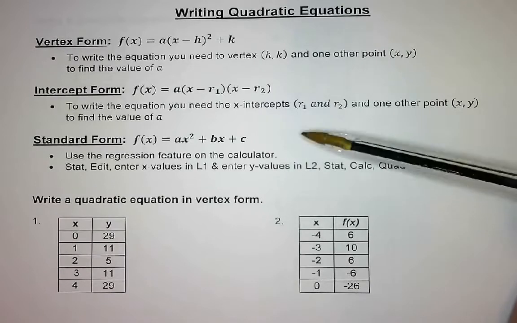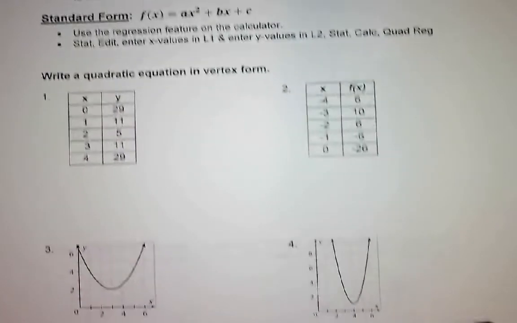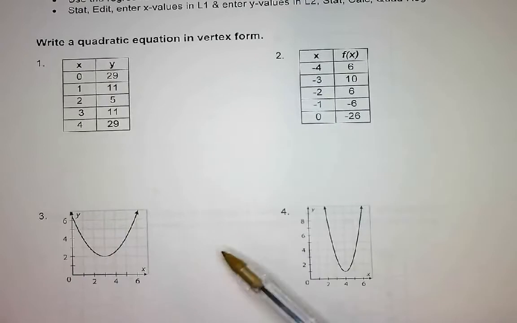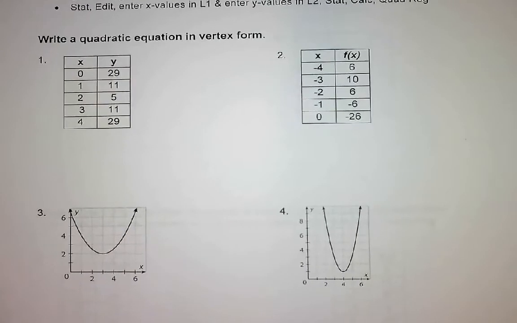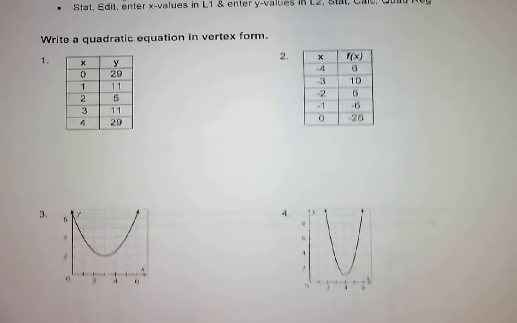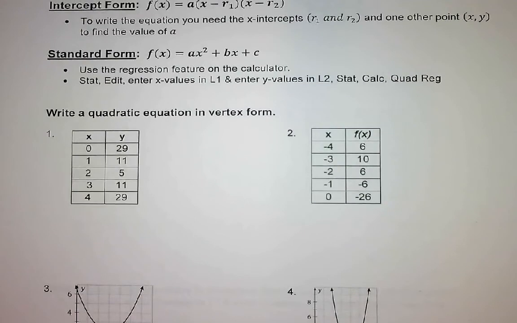So what we are going to do now is start with a table or a graph, and we are going to try to write the appropriate equation. It's not too bad because we can identify our vertex or our intercepts.